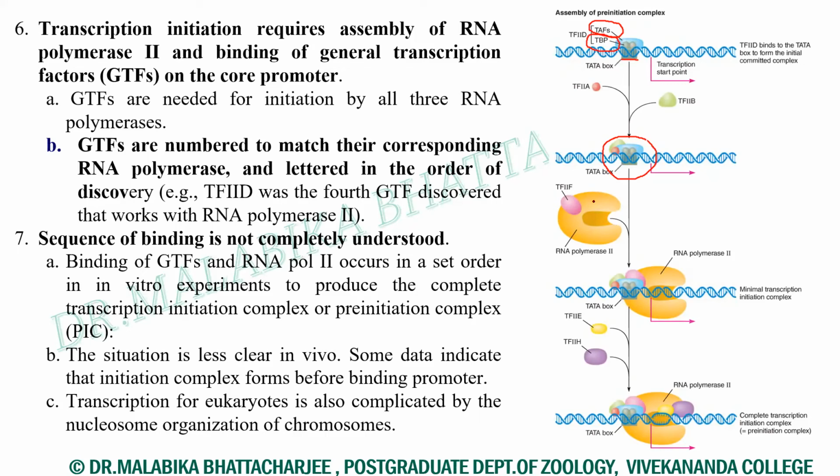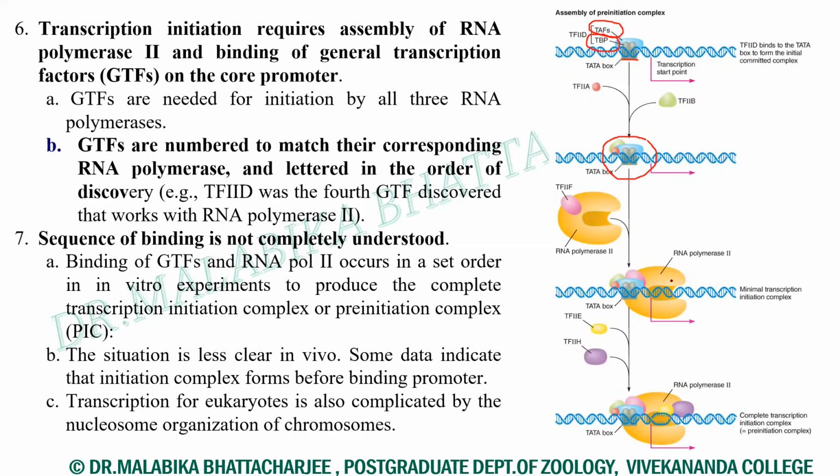TF2F now brings the RNA polymerase and binds with this multi-protein complex already present at this TATA sequence to form the pre-initiation complex or the minimal transcription complex. Note here that in this minimal transcription complex, the promoter region has not yet opened up.